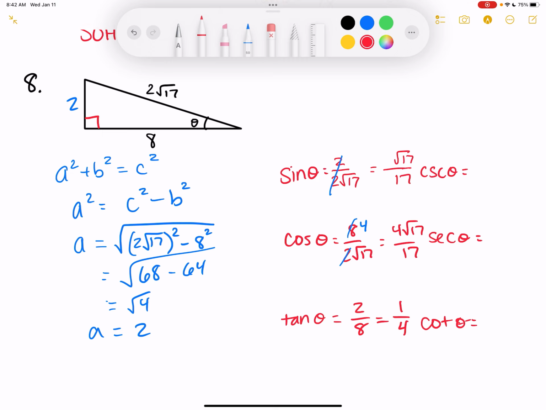And then cosecant, we're just flipping it, but it's going to still reduce, so it just becomes the square root of 17. If you want to write 2 square root of 17 over 2 and then cancel, completely fine, but you've already shown that it's canceling, so you don't have to write it. Secant would be what?